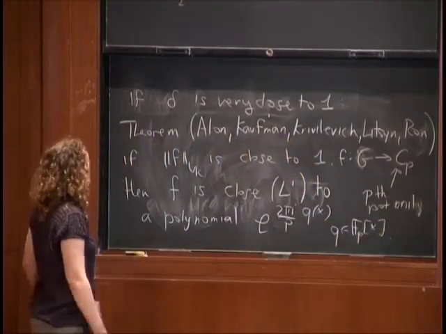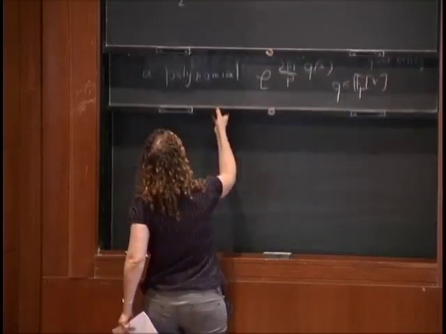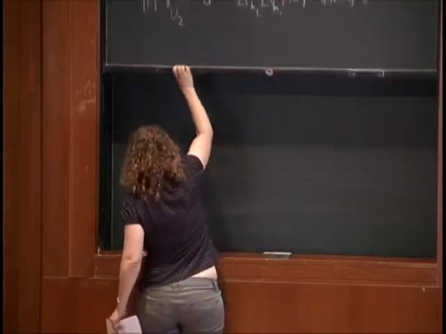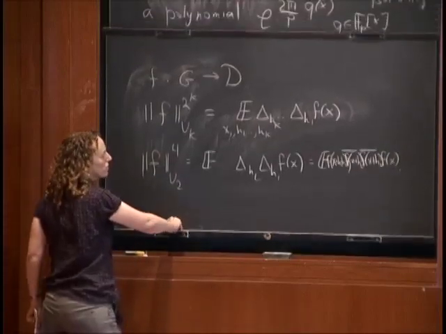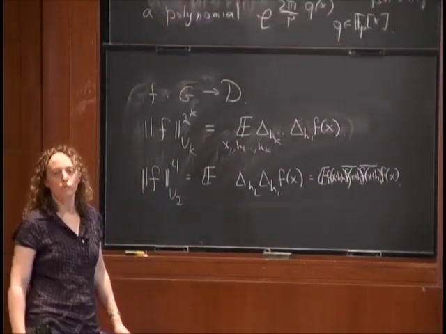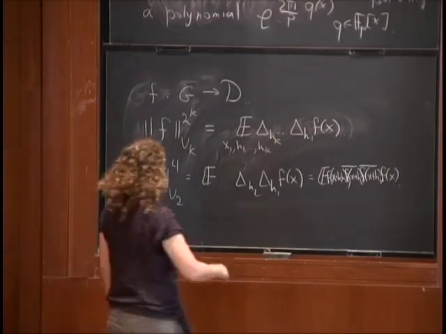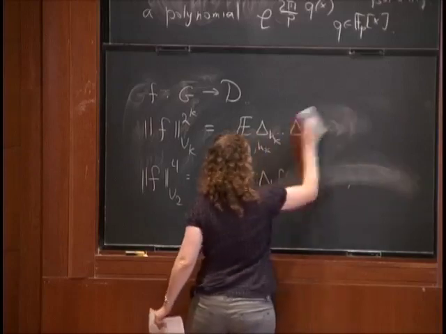And the argument is actually kind of neat. Basically it says that if your norm is close to 1, then there's actually one unique polynomial that you're supposed to be close to. And if it's unique, then you can try to guess what it is. So how do you guess?